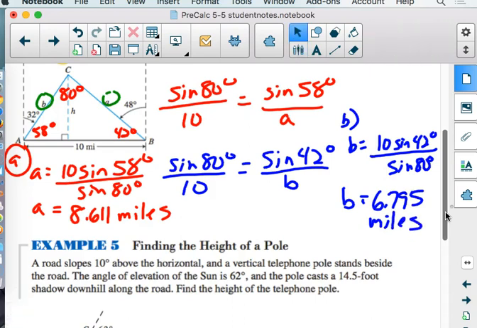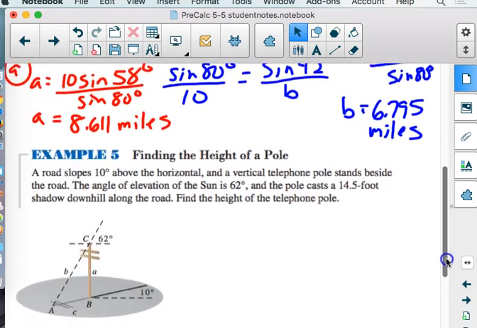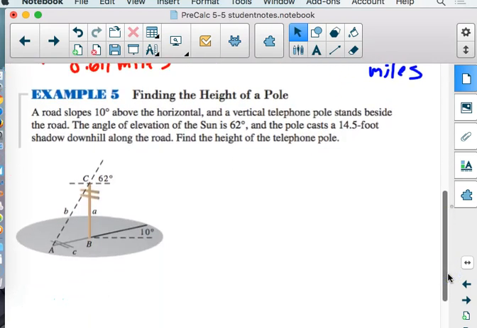There we go. So this goes a lot faster, even though it's a word problem, because it gave us a nice picture. So if we can get that picture, then we've got finding the height of a pole, and this one's a little different, and that's because the ground is not perfectly flat. So we've got a road that slopes 10 degrees above the horizontal. So I know it looks flat because it's a two-dimensional drawing, but they're saying there's this 10-degree slope that's happening here.